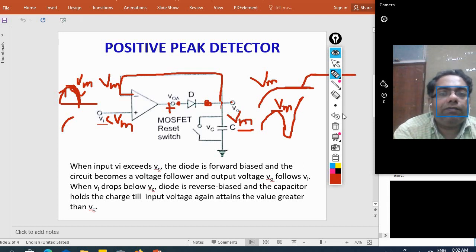So finally, this output will always hold the maximum voltage, the positive peak. That is why it is called a positive peak detector.